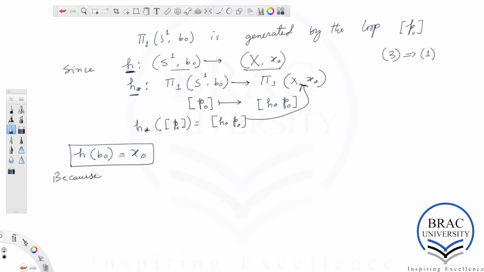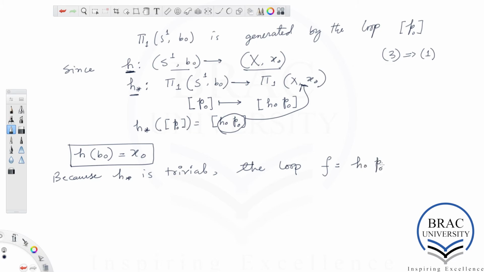Because H star is trivial, the loop F, which is equal to H composed with P0, this loop in the pointed topological space X, x0. F is a loop there.